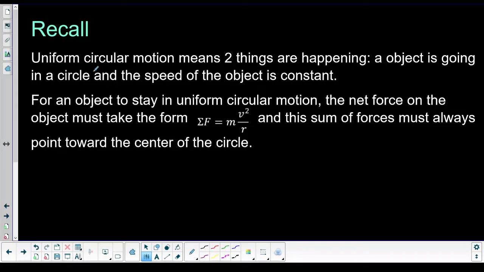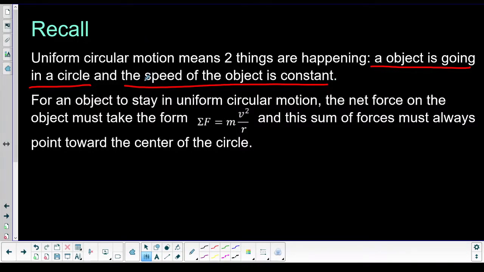Uniform circular motion means that there are two very specific things happening. An object is going in a circle, not an ellipse, not a hyperbola, not an oval, not a lumpy circle, a circle. The speed of the object is also constant in that circle.